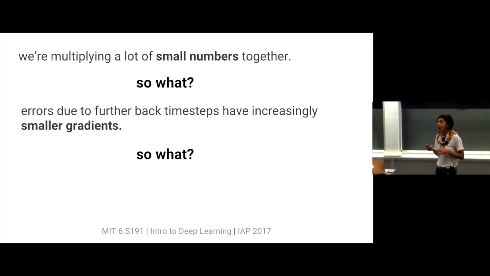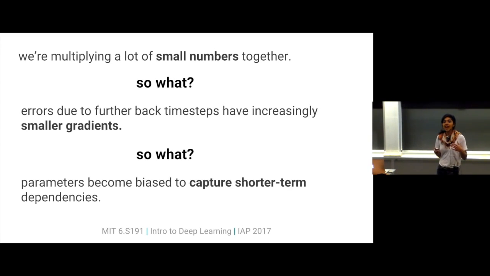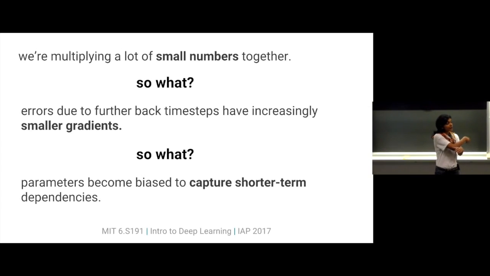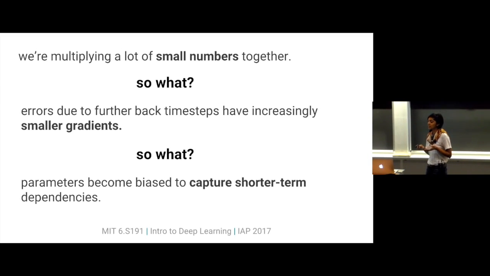Because of this, our network, and remember that those gradients are what our network is trained with. So if we're training our network but not counting errors from further and further back, our network is going to be biased to capture short-term errors. So our parameters are basically becoming biased to capture short-term dependencies.